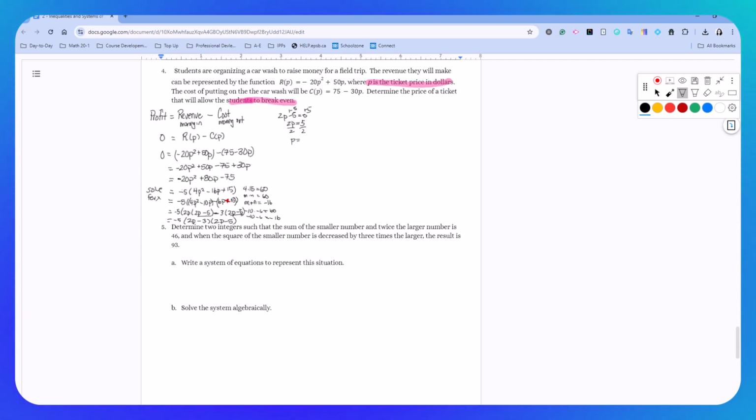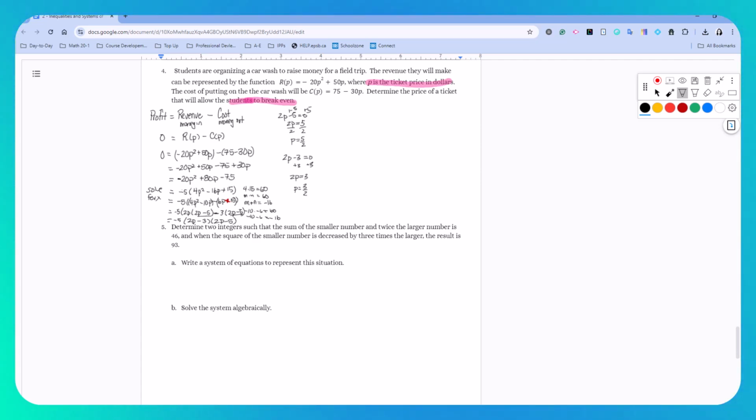So now I have one of the p's is 5 over 2. The other p is 2p minus 3, which is adding 3 to both sides. 2p equals 3. And dividing both sides by 2, p equals 3 over 2.